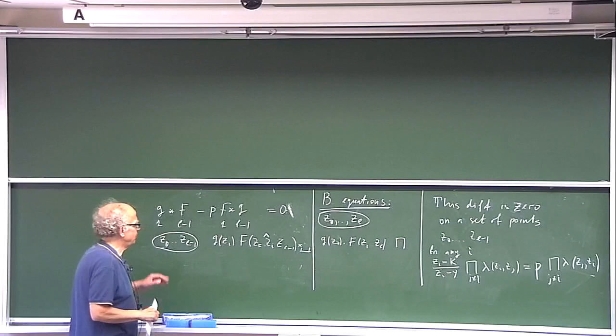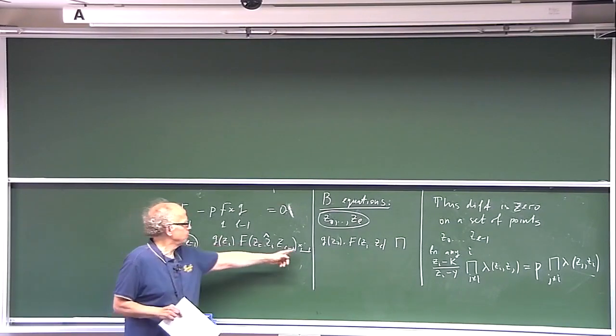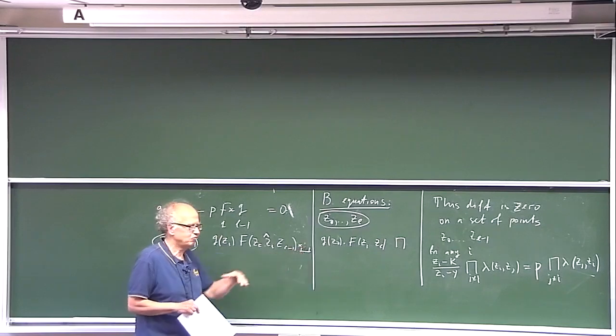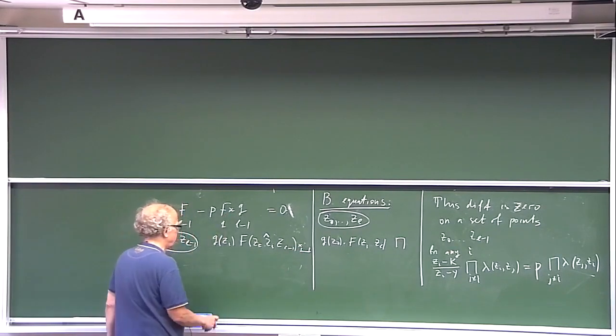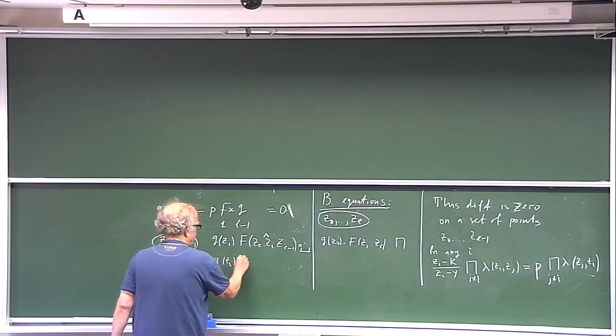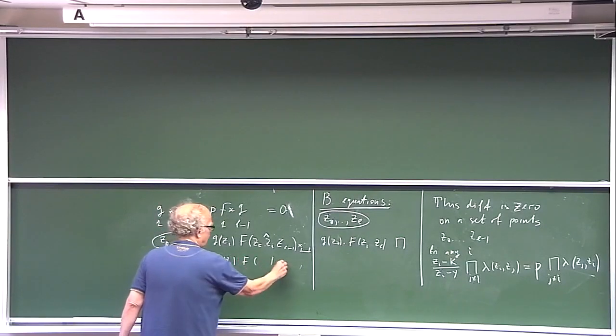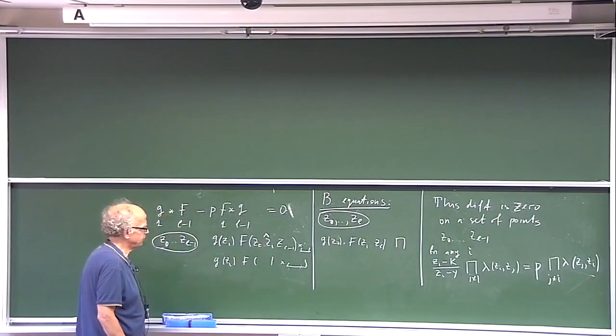The shuffle formula is the sum of such products with the coefficient here. And if I write down this term, it will be a similar thing. We will have a sum of such things, G of Gi times F, and here it will also be some product of functions.